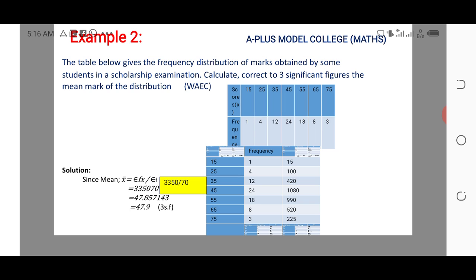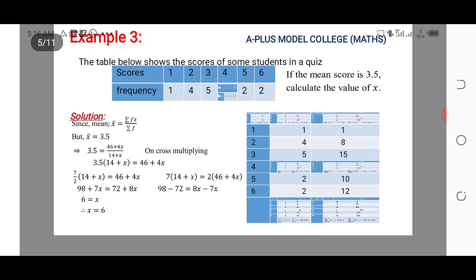We have that to be 3,350 over 70. When you press that with your calculator, you get 47.857143. But the question says we should correct to 3 significant figures, so that is 47.9.